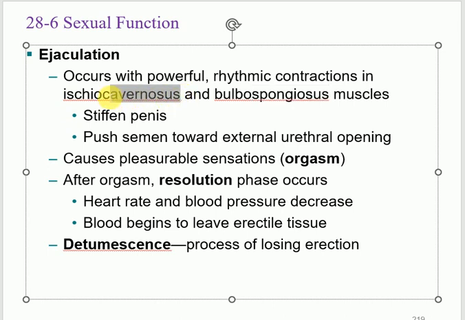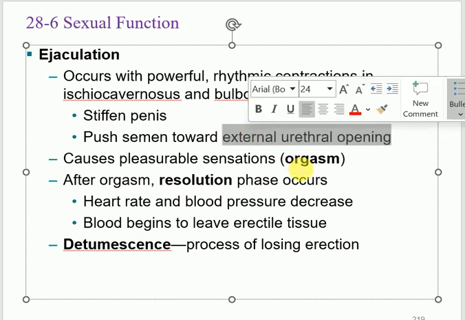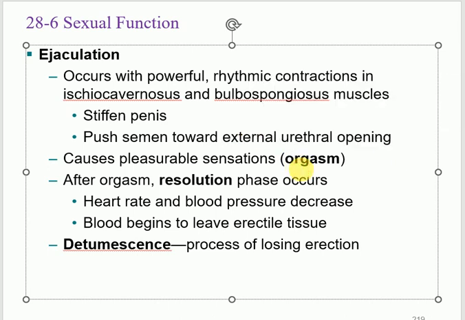The muscles in these tissues are going to contract. The penis is already stiff. It becomes stiffer at this point, and because of these contractions, the external urethral opening is going to open, and the semen will be ejaculated out, and this is accompanied by the orgasm. The orgasm is that intense pleasure that happens during that ejaculation.